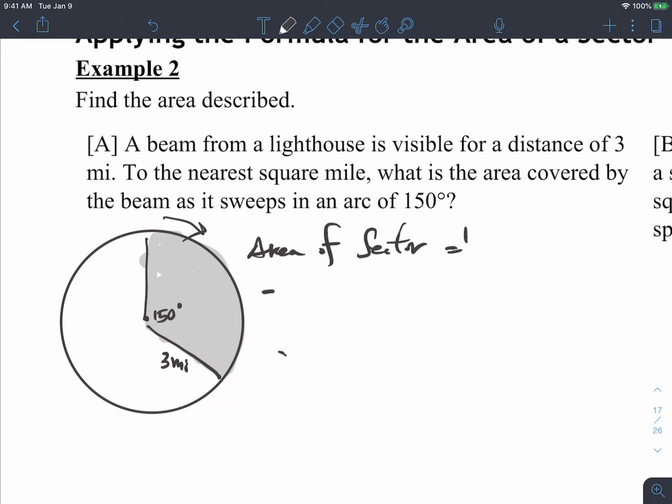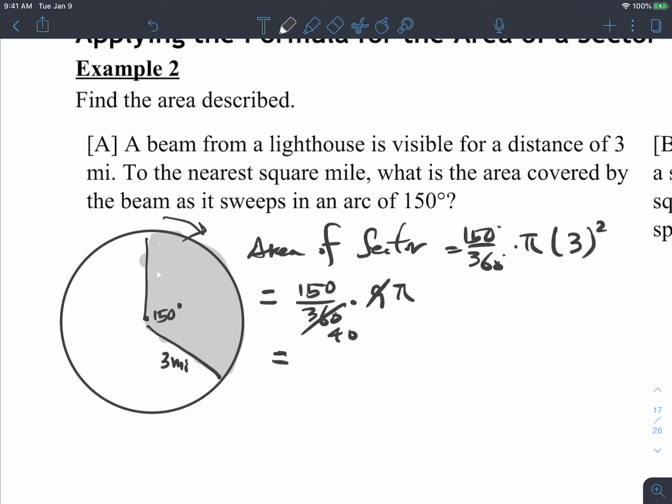is 150 divided by 360 times pi, the radius squared, which is 3, right? So when you do that calculation, that's 150 over 360 times 9 pi. 9 goes into that how many times? Right, 40, right? So we have basically 15 over 4 pi.